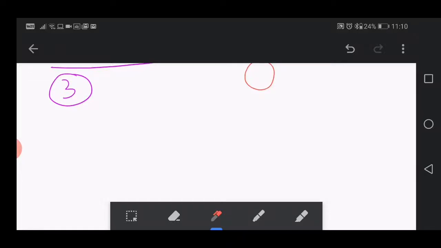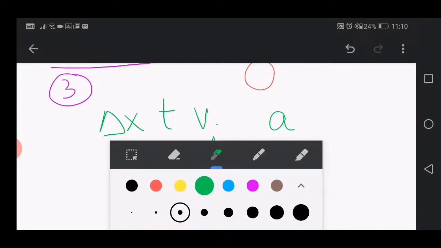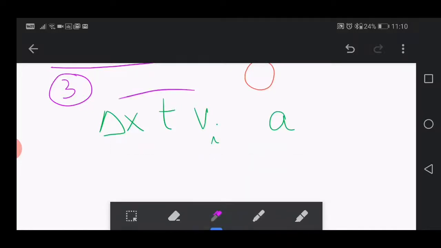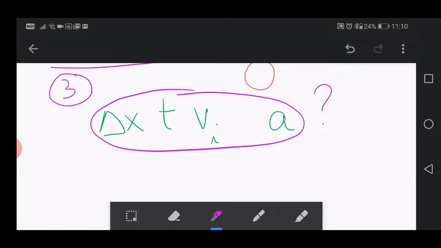So, just to recapitulate, you want an equation, we will call it equation number 3, that includes the variables displacement, time interval, initial velocity, and acceleration. And our question is, what will be the shape of a formula like that?